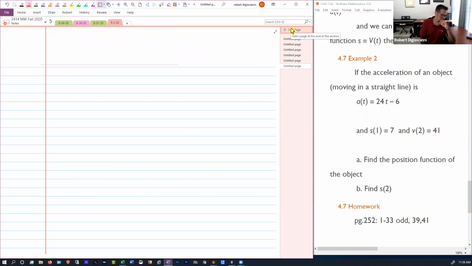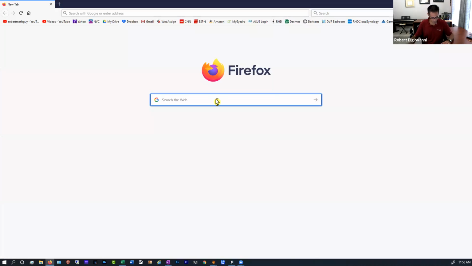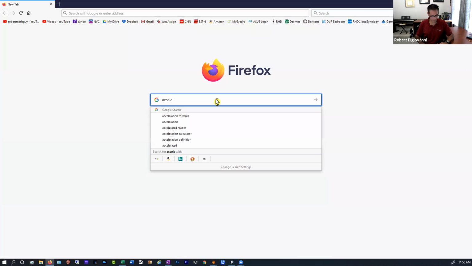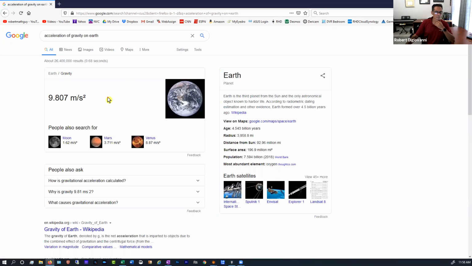All right, we're not ready to move on yet. I want to show you something really cool. Well, cool is relative, isn't it? Let's see, acceleration of gravity on Earth. So 9.8 meters per second squared is the acceleration of gravity on Earth.